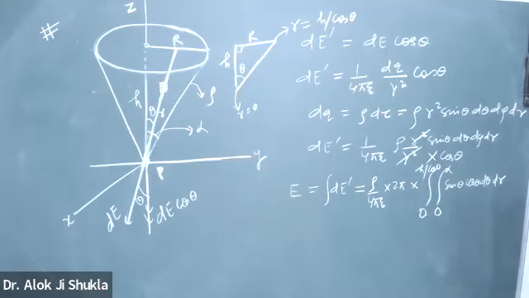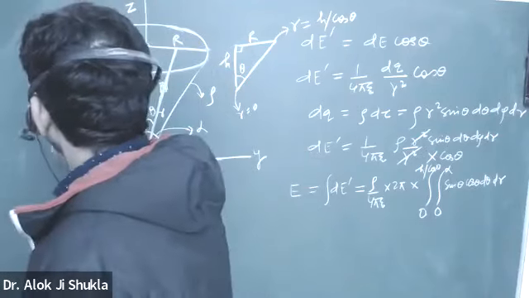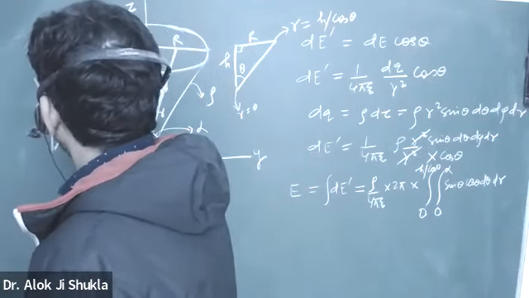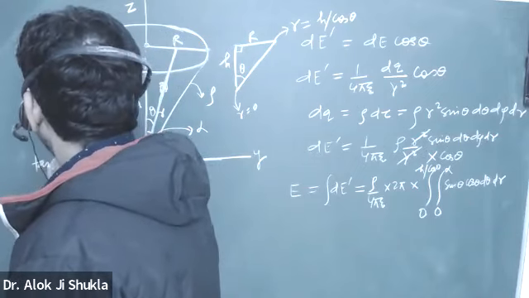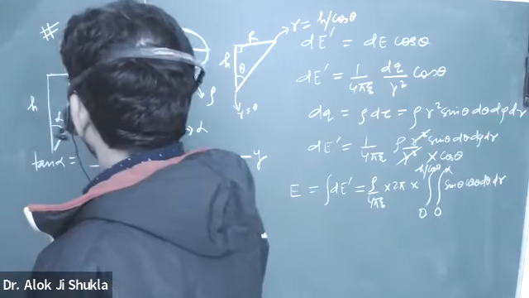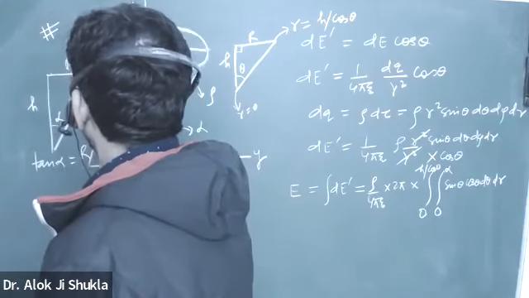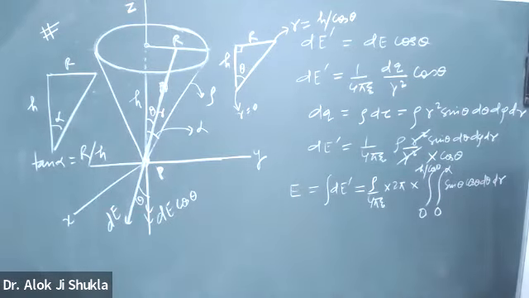What is alpha? Alpha is this triangle. This is alpha, this is r, this is h. So what is tan alpha? R by h is tan alpha. Okay. Now this is okay.